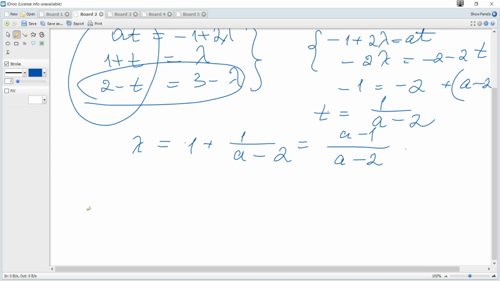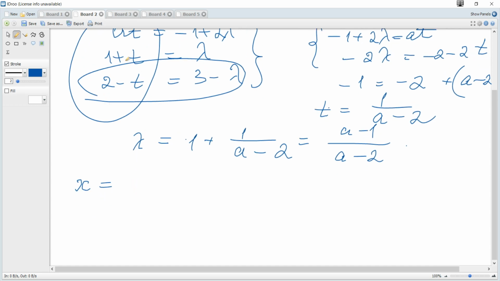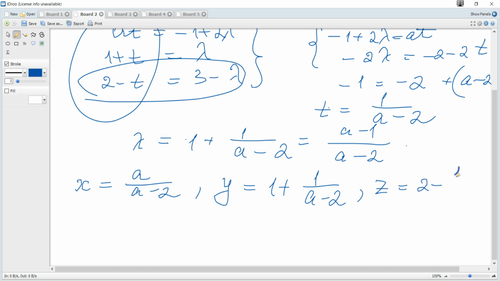So hence the x coordinate of the point is at, it's a over a minus 2. Y, it's 1 plus t, and z, it's 2 minus 1 over a minus 2.